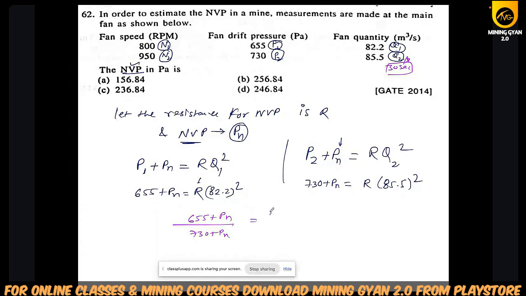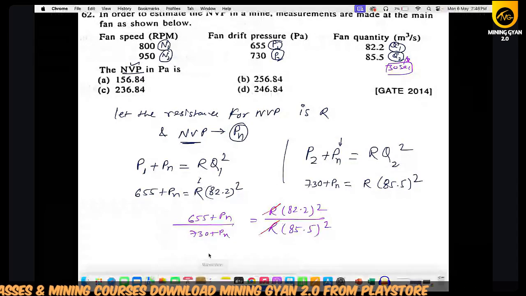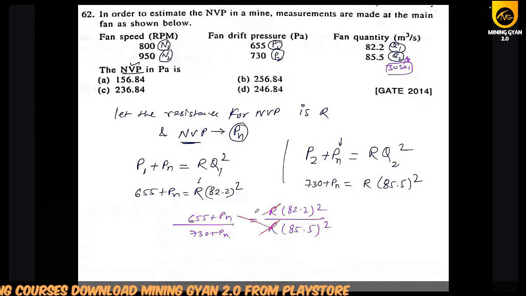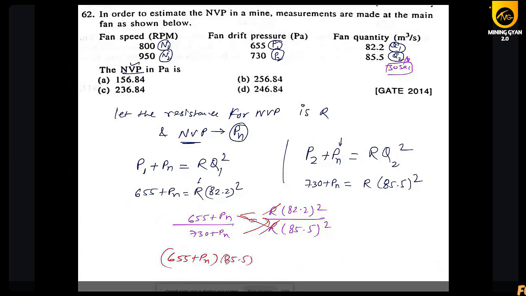R will be cut, so you will know why I'm not using R. Now you can cross multiply and then solve. 655 plus PN times 85.5 square equals 730 plus PN times 82.2 square.